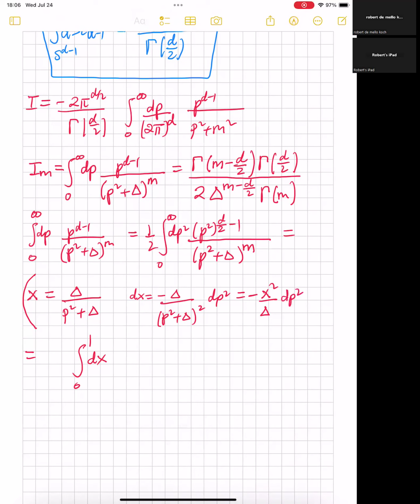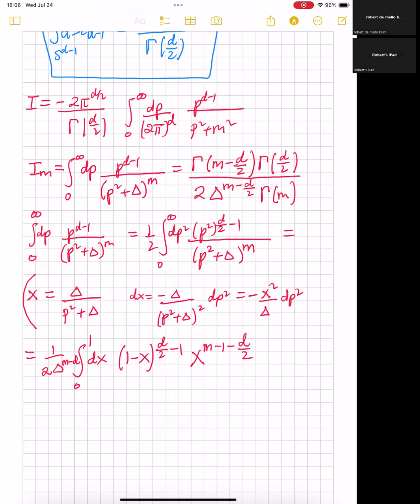Great. So I know the measure, I know the integrand. It's just a case of plugging it in. And I claim that this is what the answer is. 2 to the delta to the m minus d. And then we've got the integral dx. We have got (1 minus x) raised to the power of d over 2 minus 1. And then we've got x raised to the power of m minus 1 minus d over 2.